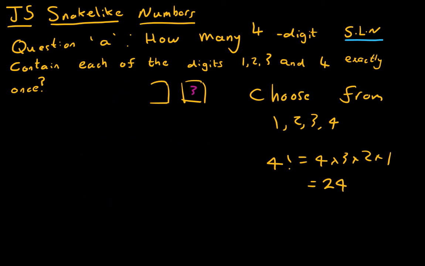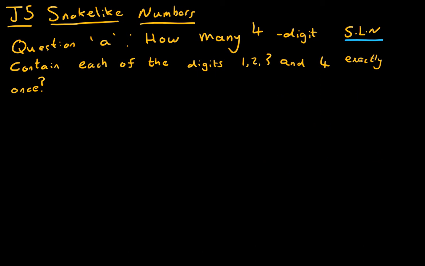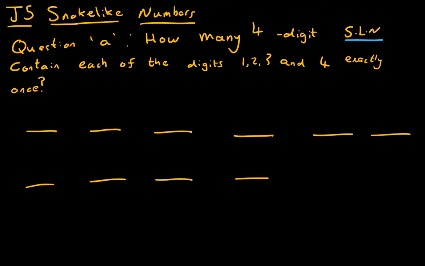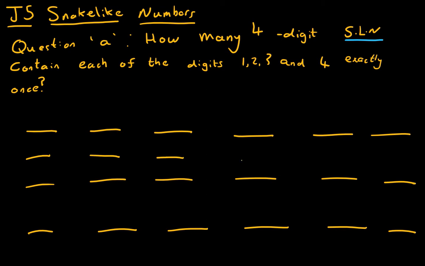And let's adopt a strategy for writing the entire list out. So we've got 24, and so we're going to have 4 groups of 6. 1, 2, 3, 4, 5, 6, repeated for each group.